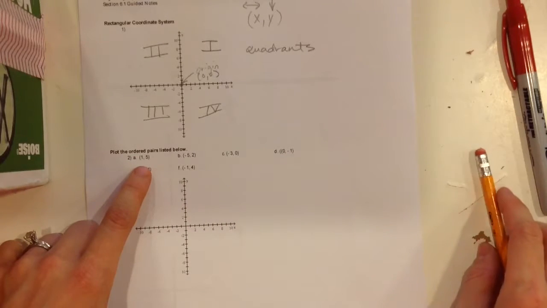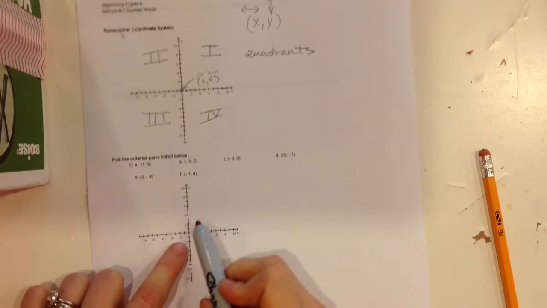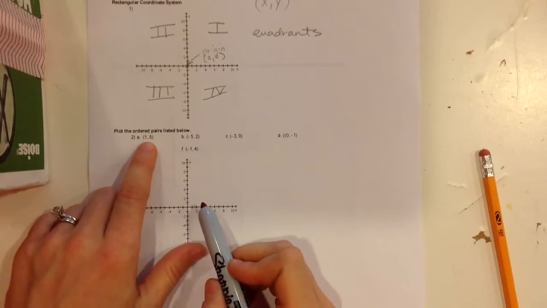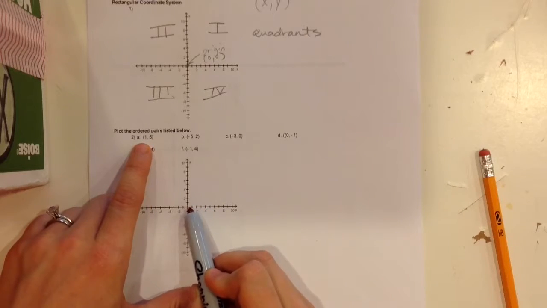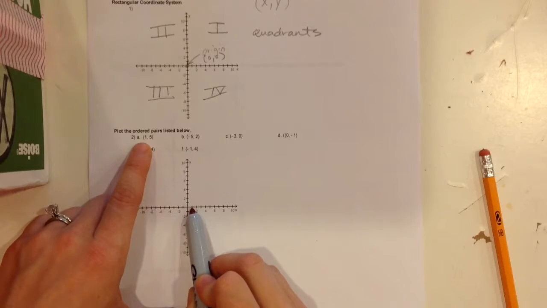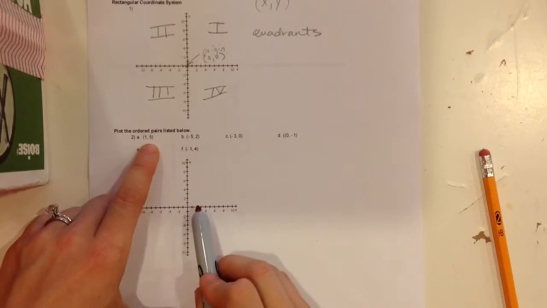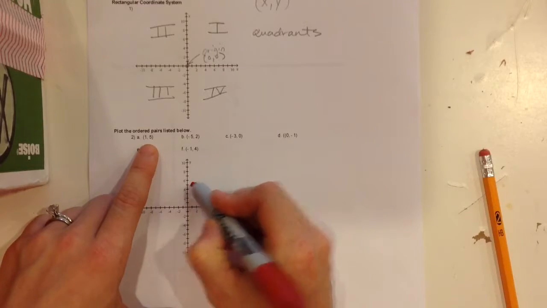And so the first one I'm going to plot is 1, 5. And when you're plotting these points, you're always going to start at the origin. The 1's going to tell you how far to go left or right. And since it's positive, I'm going to go 1 unit in the positive direction. And since it's a positive 5, I'm going to go up 5 units and then put a dot.